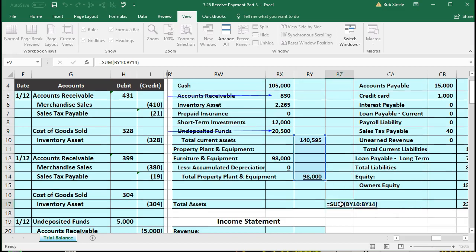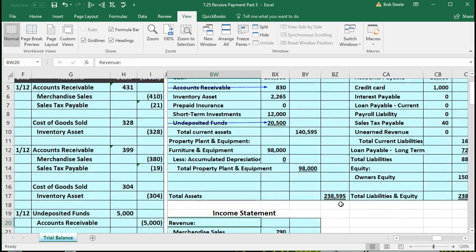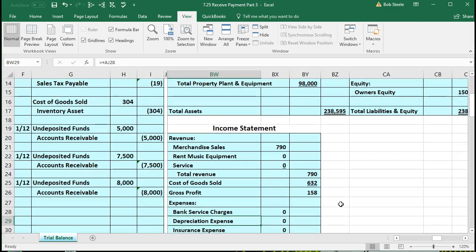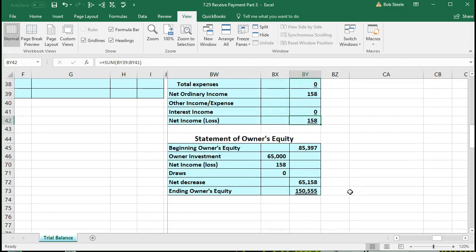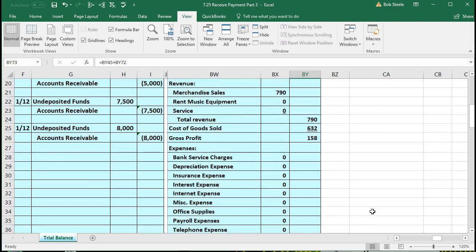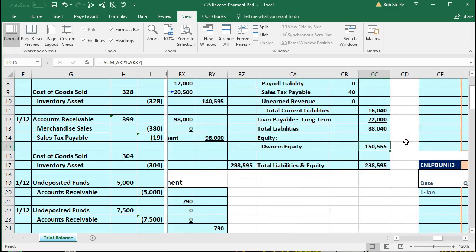And here's our total assets equaling our total liabilities and equity. No impact from this transaction on the income statement down here. And the income statement net income is also part of the statement of owner's equity. The statement of owner's equity ending balance is $150,555, also found on the balance sheet right here. So that will be our process.